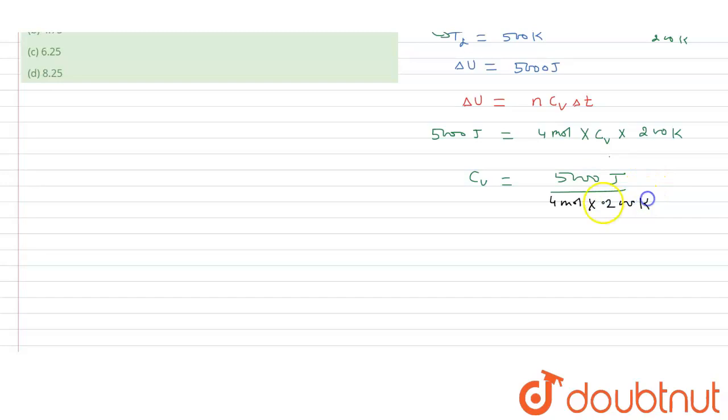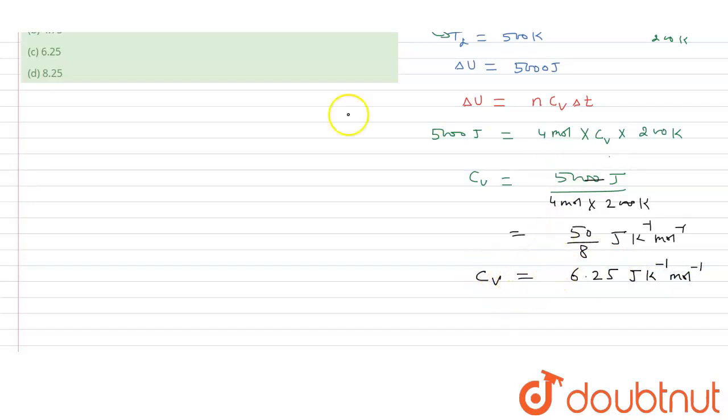Here you can see the zeros cancel, and it becomes 50 divided by 8 joule per Kelvin per mole. If I solve it further, it becomes 6.25 joule per Kelvin per mole. So this is the value of CV.